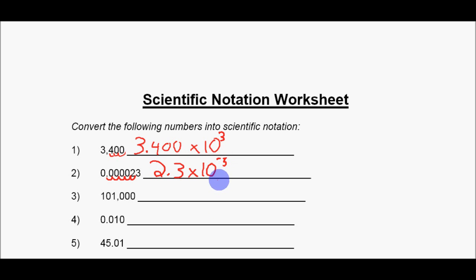Okay. For number 3, we can see that we have a number that's large, which means we're going to have a positive exponent. We start from the left, look for the first non-zero number, and there it is, the first number. So we're going to go ahead and put our decimal after the first non-zero number and then just complete the number.